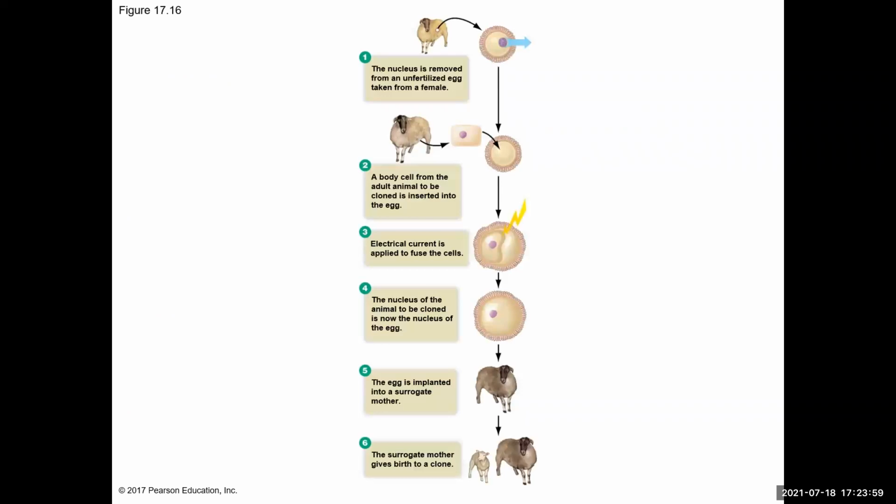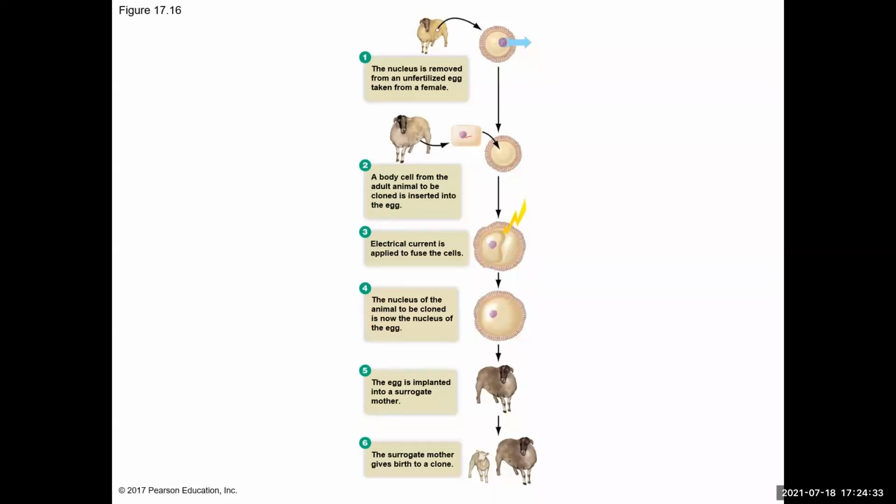And so the offspring would be an exact clone of the adult organism that the somatic cell came from. So for example, here you have an individual where a somatic cell is taken. I'm sorry, you have an egg. You remove the nucleus from that egg. Then you take the somatic cell, the DNA from that somatic cell, and put it into that unfertilized egg that the nucleus was removed from.